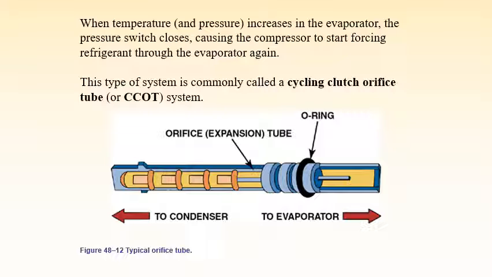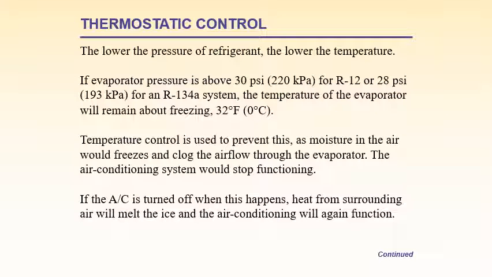Okay, so this is commonly used in automobile air conditioners. Now the next important control is the thermostatic control. The lower the pressure of the refrigerant, the lower the temperature.